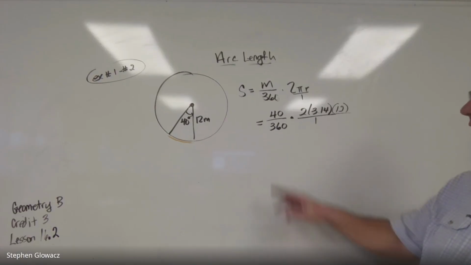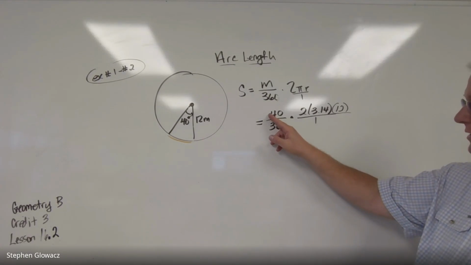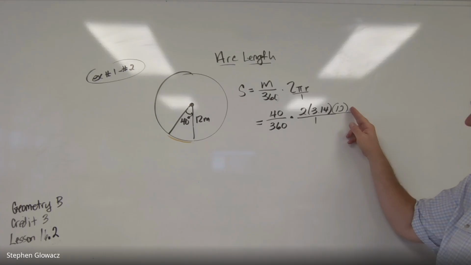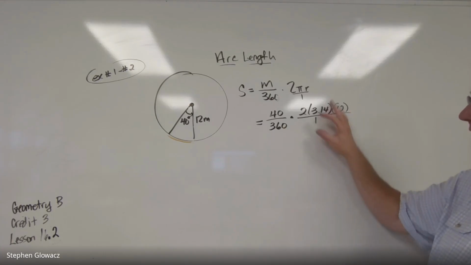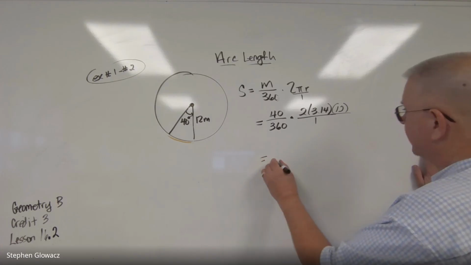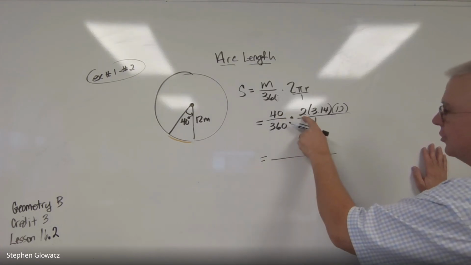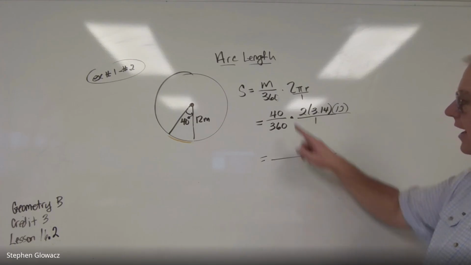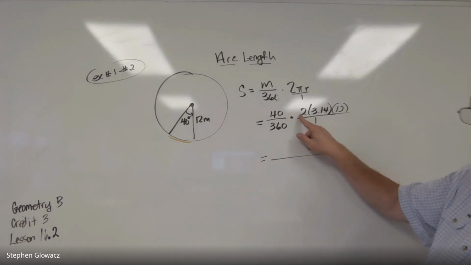So now the easiest way to approach this is just multiply the numerator and then multiply the denominator, and then divide it out and round, and that's all we have to do. So let's go ahead and do that. We're not going to write the whole thing, but we'll narrate it. 40 times 2 is 80.